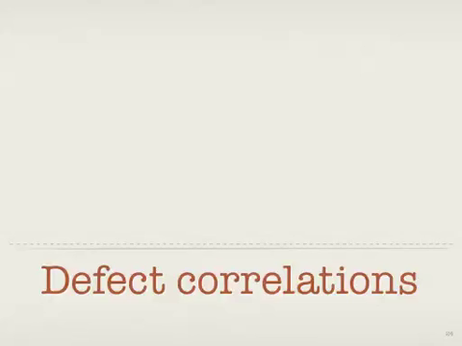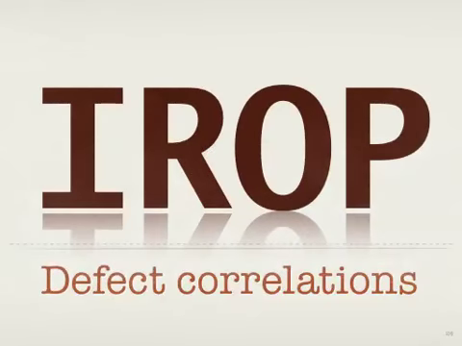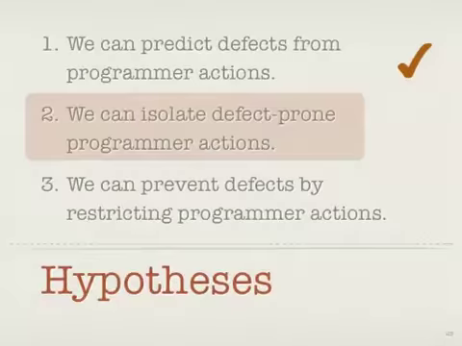IROP is actually also airline slang for irregular operation, which makes this an even more catchy meme. And we think it's important to have a catchy meme in there rather than long, complicated titles. Just name it like this. Now we know these are the four letters. This is the four-letter word that failure is made of. And yep, indeed, we can go and find out which actions are the actions that are most correlated with defects.